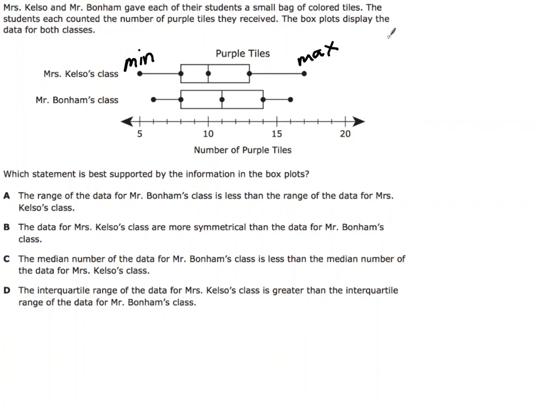The range equals the max minus the minimum.